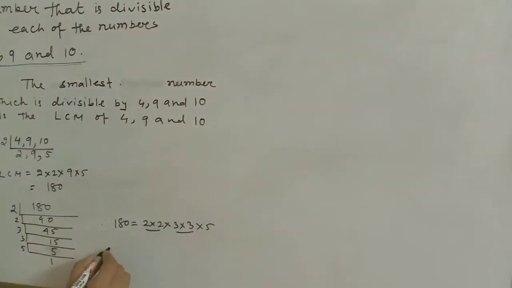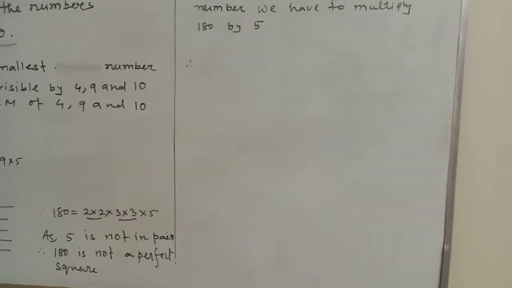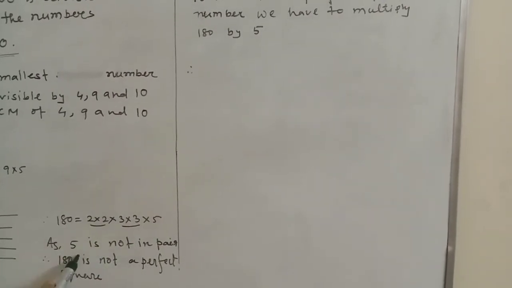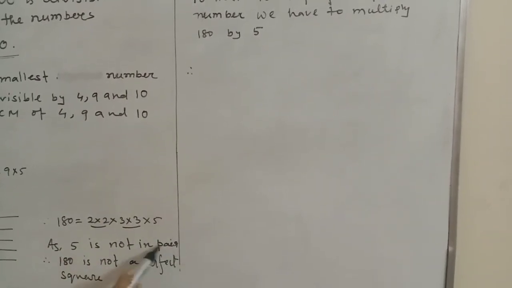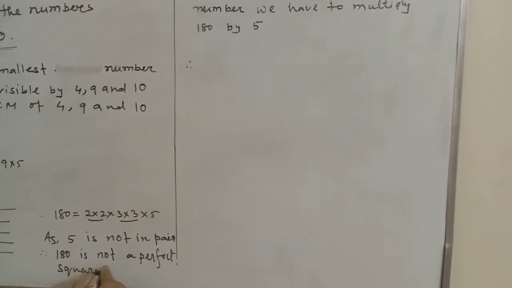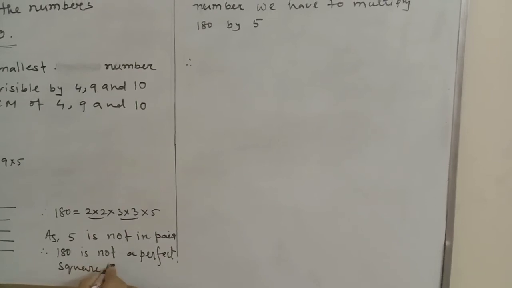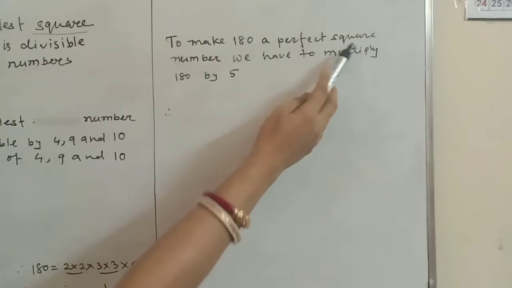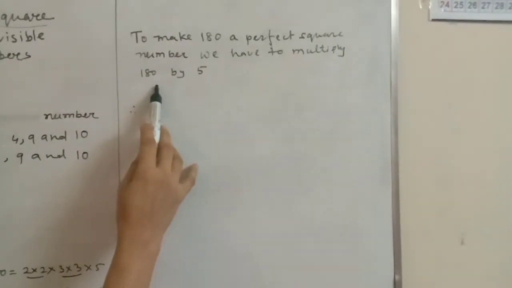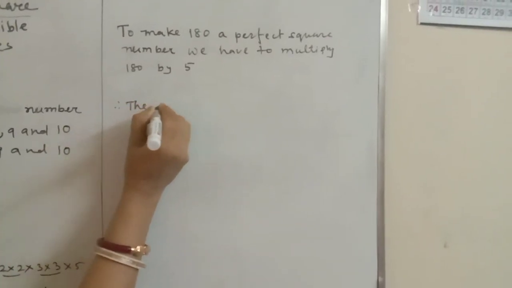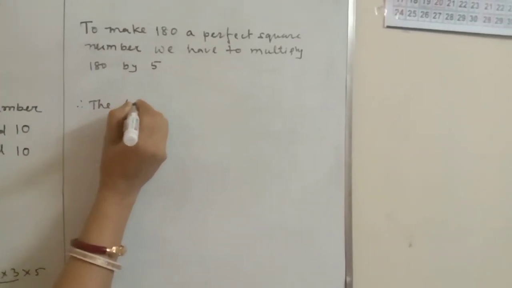Understood? Now you have to write the same way again. As 180 is not a square number, as 5 is not in pair, we can say that 180 is not a perfect square number. So to make 180 a perfect square number, we have to multiply 180 by 5.